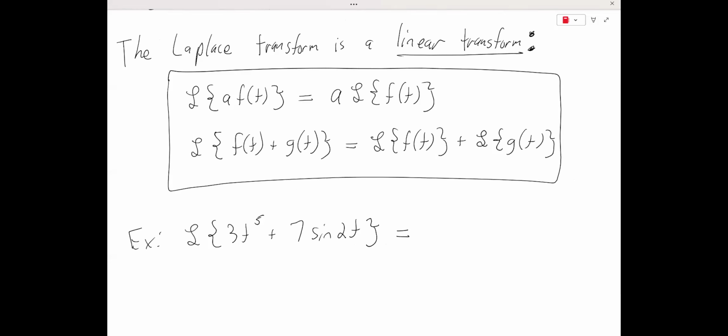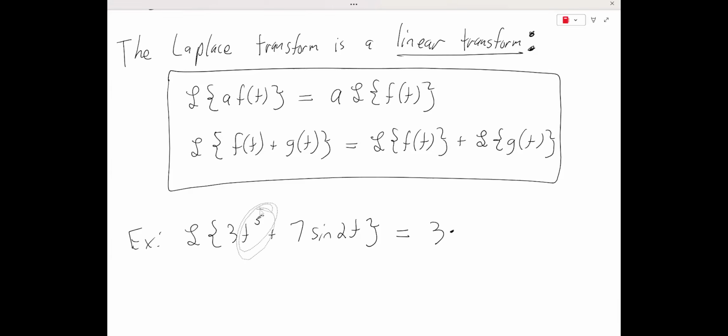Well, according to these things, I can take the 3 out, right? So I could break it into two pieces here. So for example here, let me just write this down. I think this will work. So I can put the 3 here right away. So 3 times, I can take the Laplace of this then.